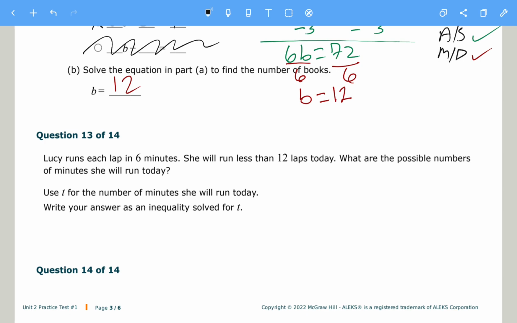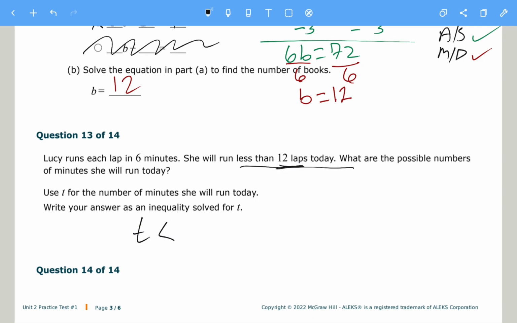Number 13, Lucy runs each lap in 6 minutes, and she will run less than 12 laps today. What are the possible numbers of minutes she will run today? Now this one's a little tricky. So we know she will run less than 12 laps.